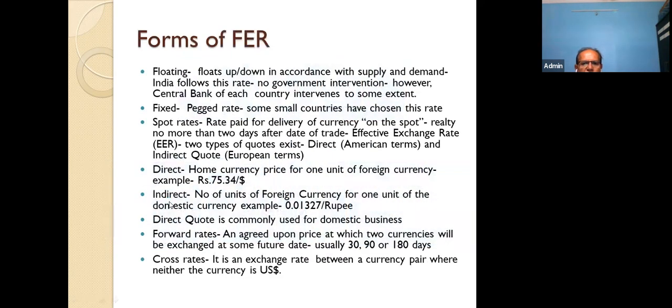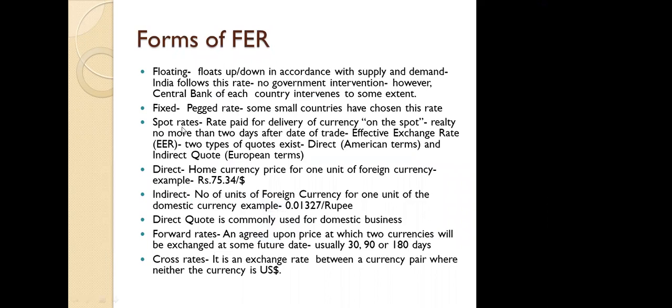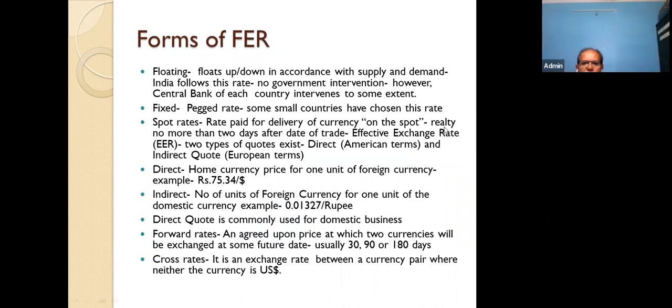Let me share that again. Same thing. See, spot rate. Can you see my cursor? Yes, sir. I read out the spot rate: rate paid for delivery of currency on the spot, not more than 2 days after the date of trade. That is spot rate.